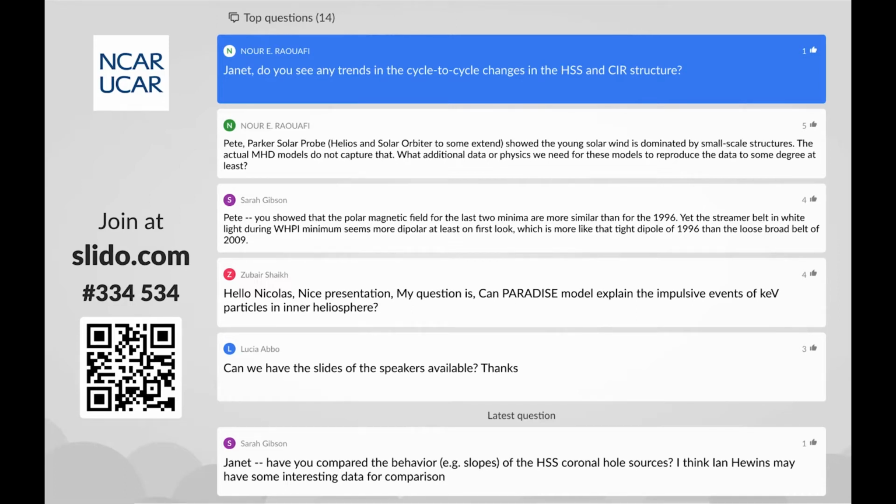And I think that also relates to your second question about the high energy particles. We can of course try to simulate this modulation that you mentioned, but so far we have not yet done that.